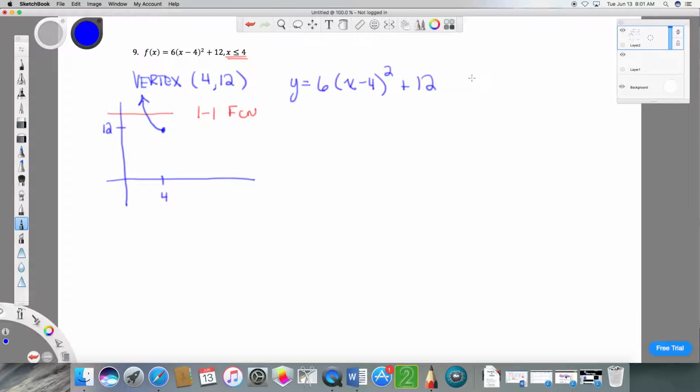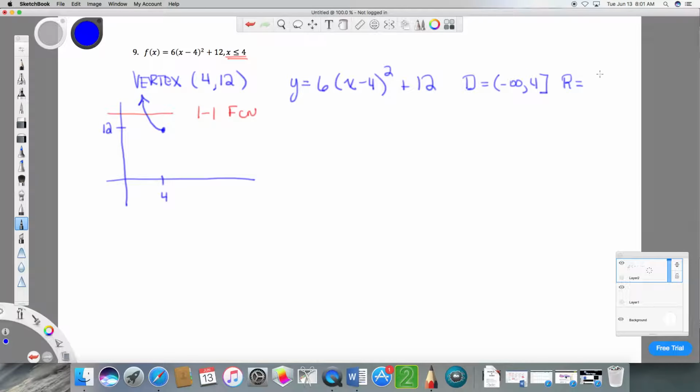And I know that the domain of this has been restricted to be less than or equal to 4, negative infinity to 4. And I can see that from my graph, that it was given. That's why I graphed it the way I did with the left half of the parabola. I can also see from this graph that the range of this function is all numbers that are greater than or equal to 12.